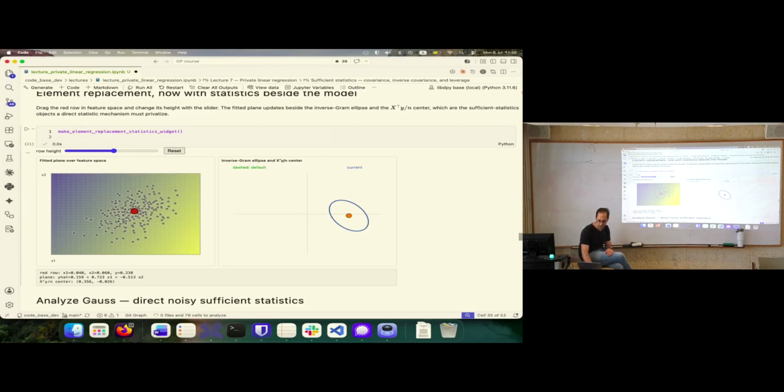Again, there's a y as a function of x function here, which is reflected by the color gradient. I would start with changing the y of the point. Here I'm changing the y of the point, and nothing in the model changed. Why? Because the point is exactly in the middle and has 0 effect.